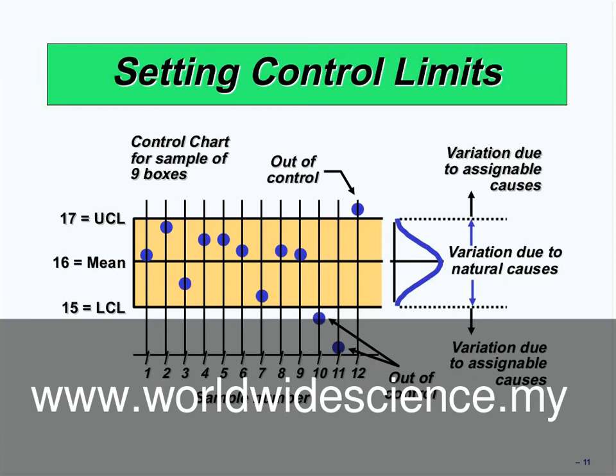The average for sample number one was, for example, 16.5. You see the blue dot is a little above the 16. 16 is the mean, the equal bar that has been written here. Sample number 2 is 16.8. 16.8 has been drawn near the 17 line.